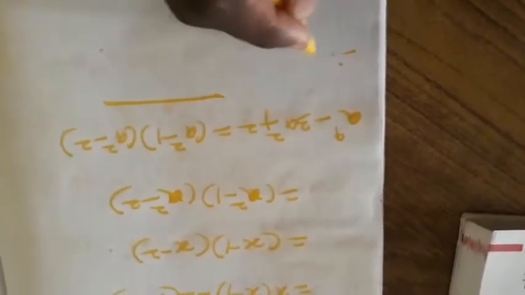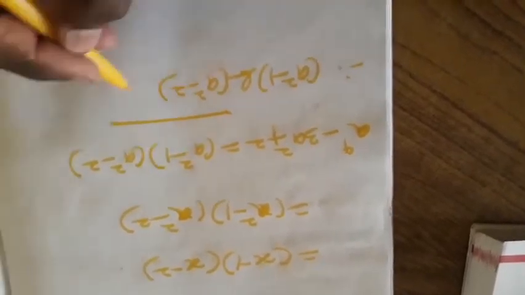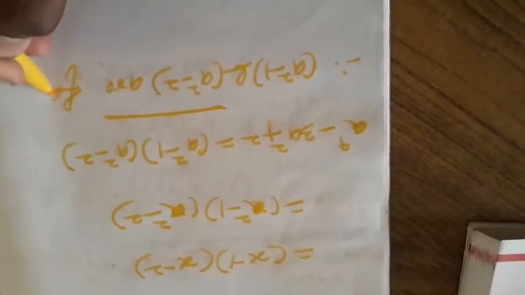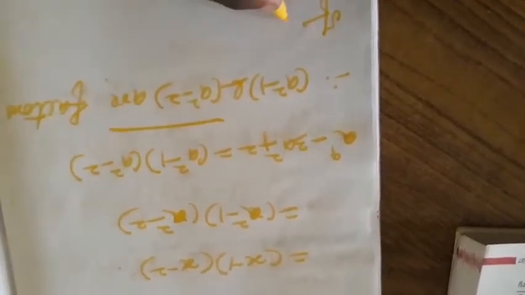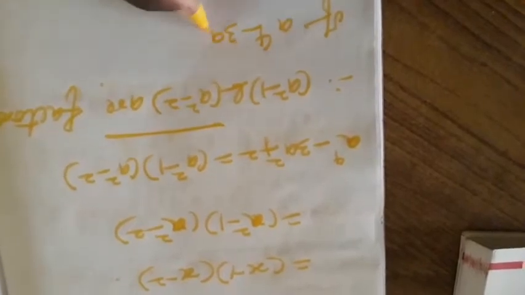So this is the required solution: a square minus 1 and a square minus 2 are factors of the given polynomial a power 4 minus 3a square plus 2. Solution over.